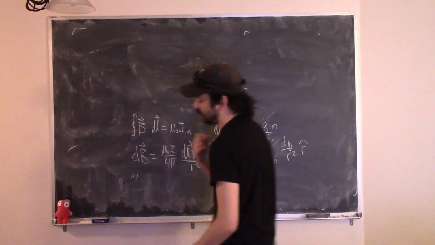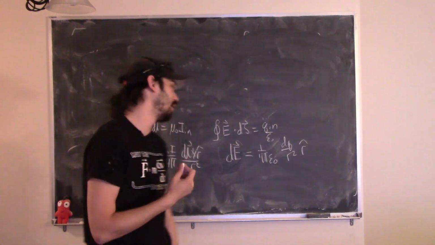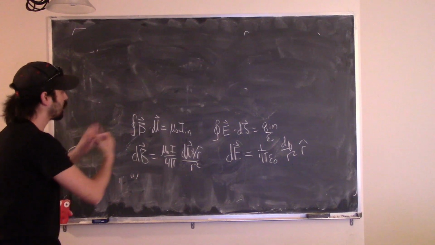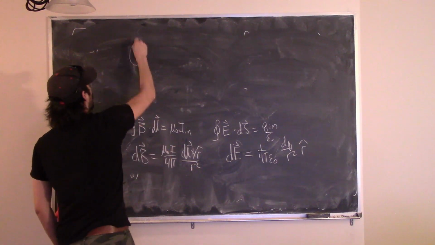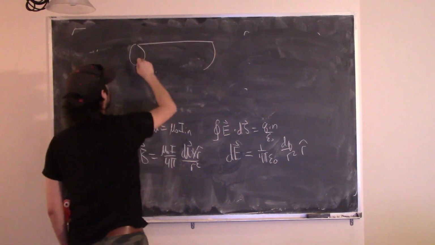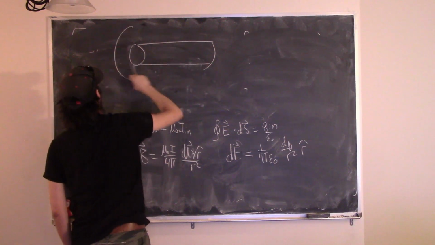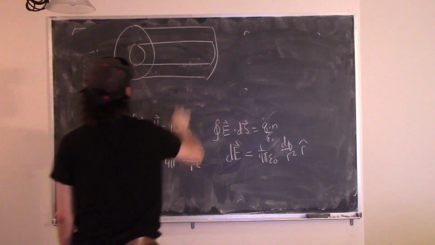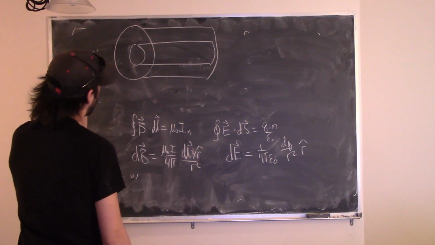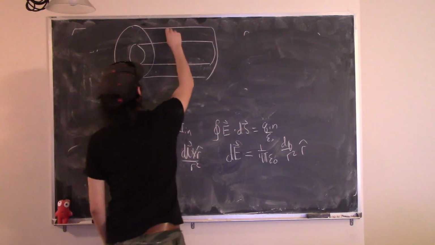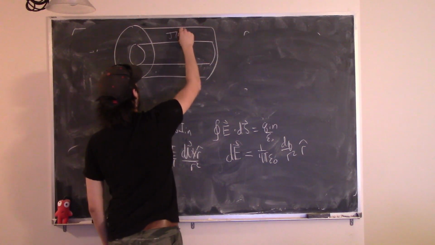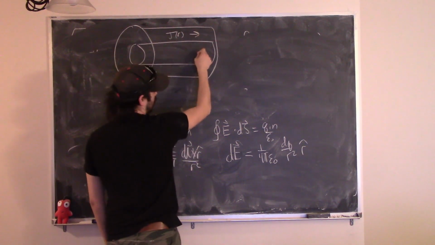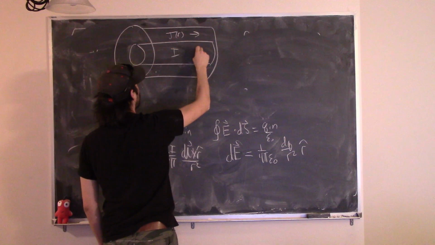But another example is something where I have some current density. This was like the problem on the third exam, right? I actually don't remember exactly how I wrote this. This had some current density J as a function of R out here, and this J as a function of R goes this way. Some I goes this way.